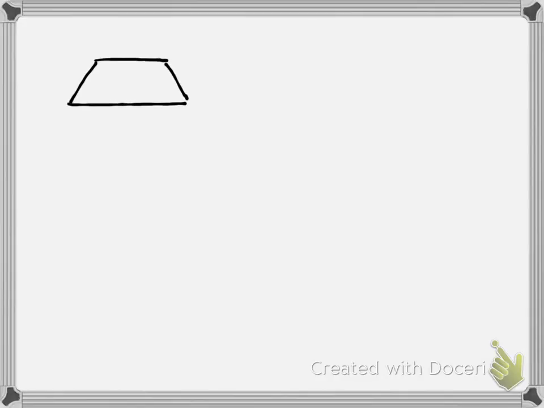What shape would you say it is? Trapezoid. But let's say that we don't know how to figure out the area of a trapezoid. So what we could do is break it into other smaller shapes that I do know the formula for. So I could break it into 2 triangles and a rectangle.